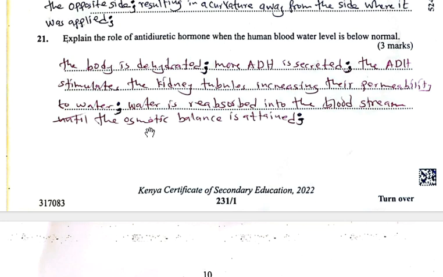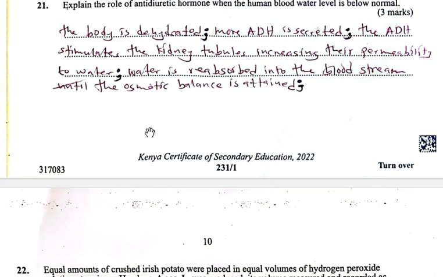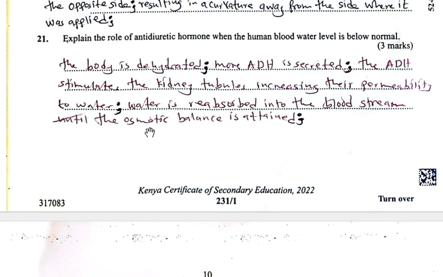Question 21. Explain the role of antidiuretic hormone when human blood water level is below normal. When water level is below normal, it is due to dehydration, or maybe due to sweating a lot or vomiting, that will cause the body to be dehydrated.